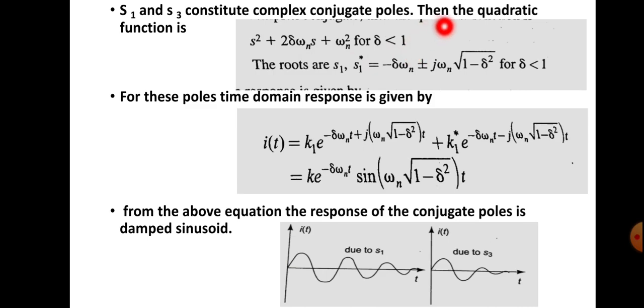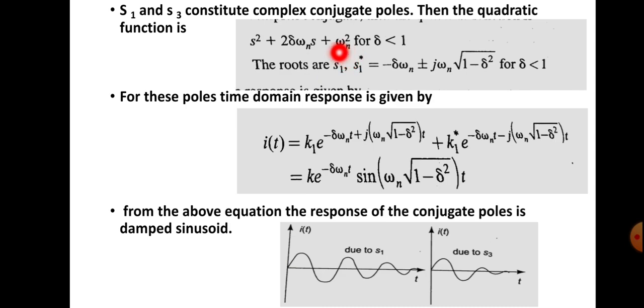Once you are given that poles are complex conjugate, that means there is an imaginary term, right? One root will be of the form a plus jb, and the other will be of the form a minus jb. That means there will be an imaginary part, or j term.